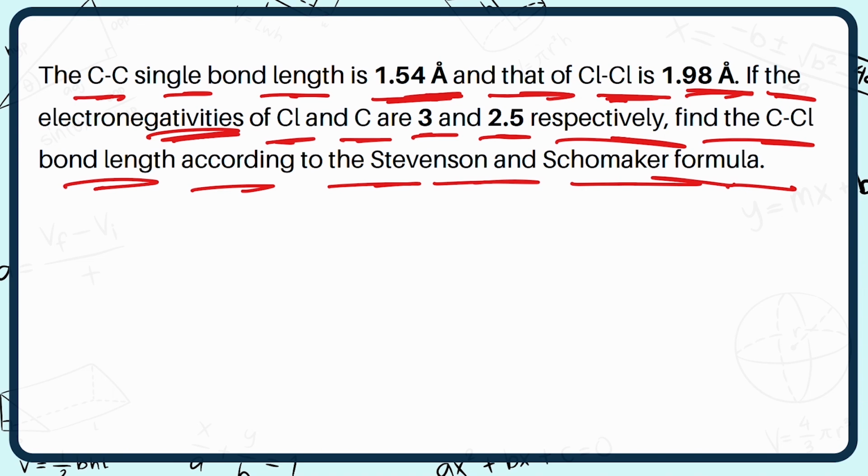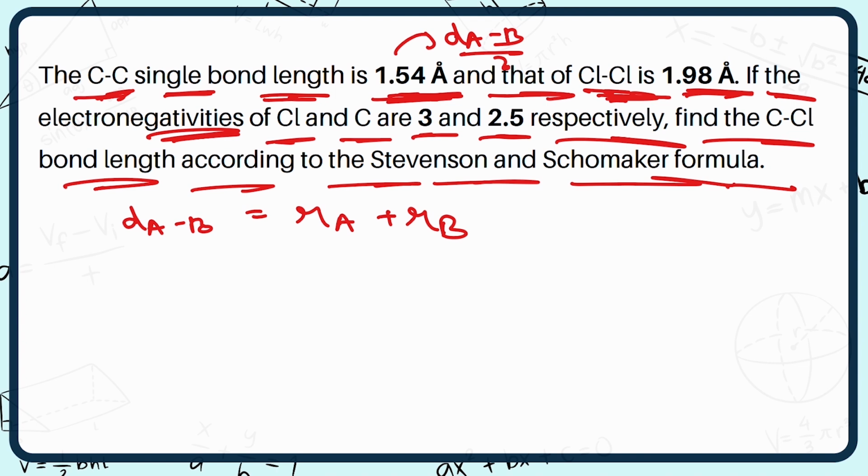You have to find the CCl bond, that is D of AB, but you are not given R of A and R of B directly. You are given the CC single bond length and the ClCl bond length as well. This is the first case of covalent radius, remember, where D of AB upon 2 was equal to R of X, because they are like atoms.